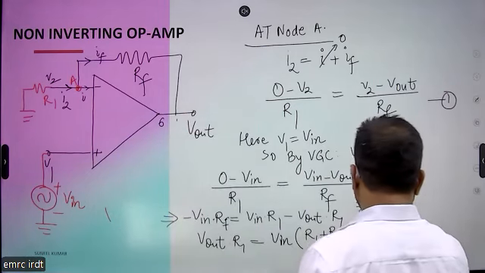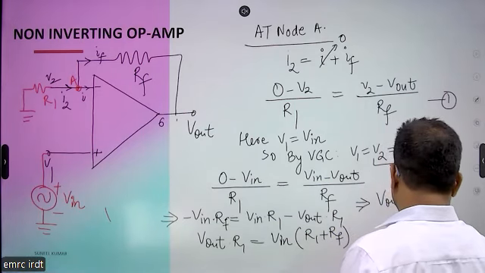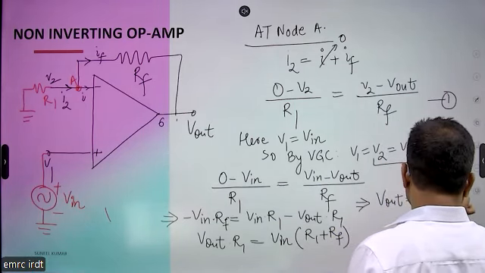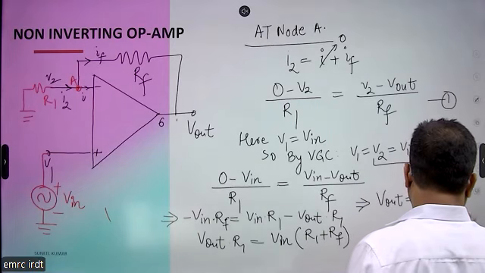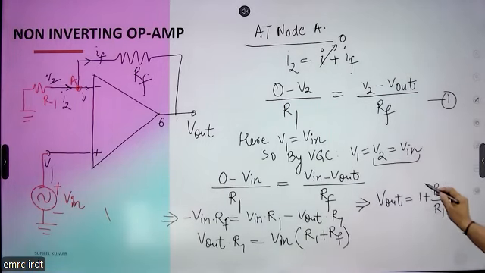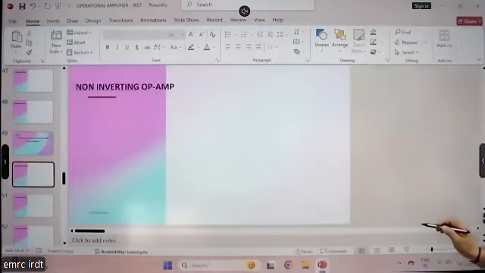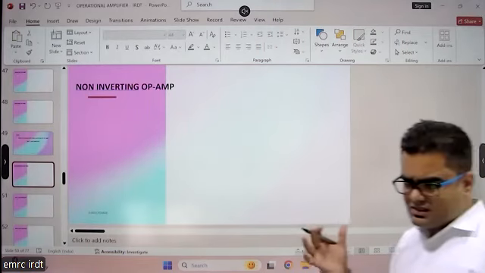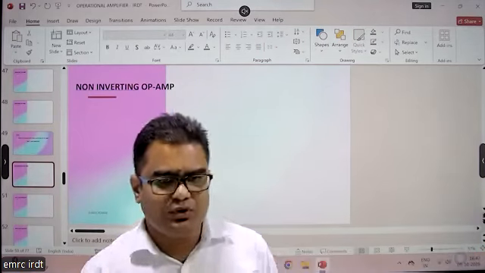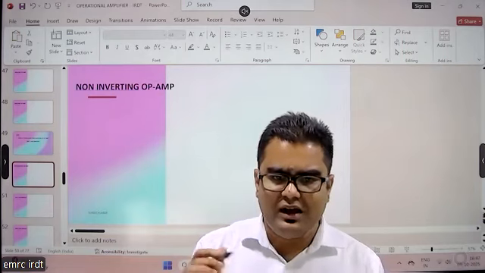So here we can write V output is equal to (1 plus RF upon R1) into V input. So we are getting that output is (1 plus RF upon R1) into V input.